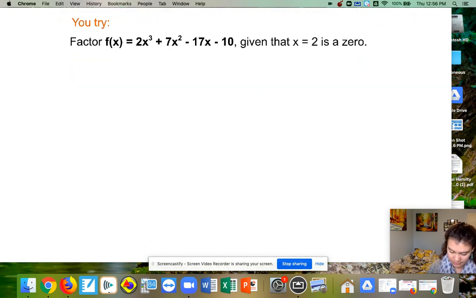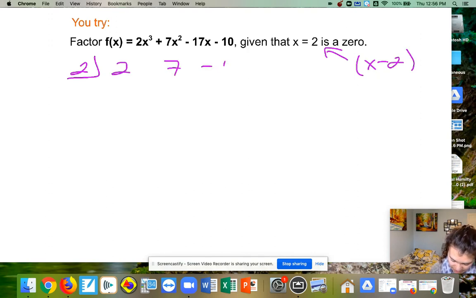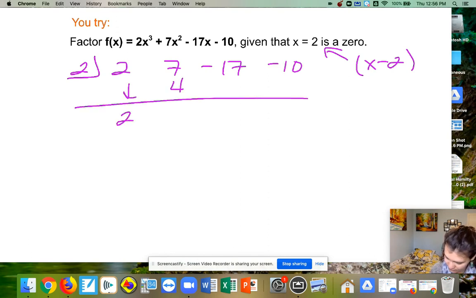All right, so another one. Try this one, pause the video, and then we'll talk about it together. So same idea, I'm going to start with 2, and this means x minus 2 is a factor. So we have 2, 7, negative 17, and negative 10. Drop the 2 down, you get 4, and then 11, 22, 5, 10.